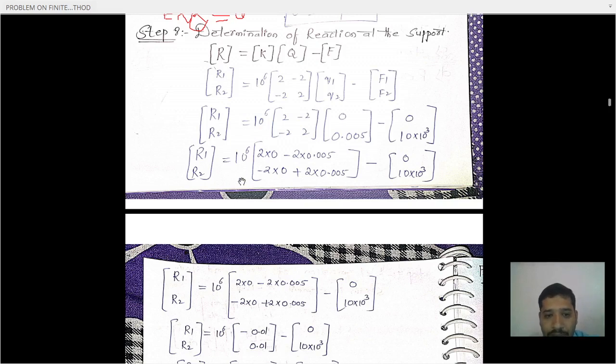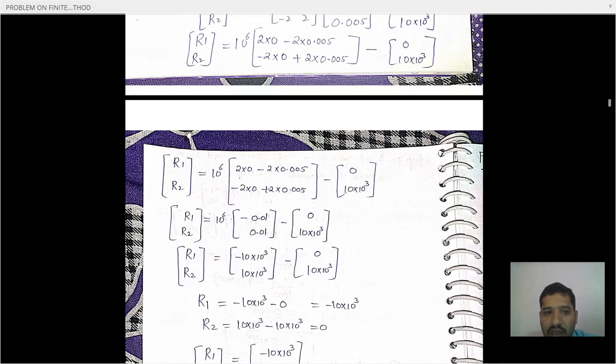After that, keep 10 power of 6 as it is and multiply the terms. This row into this column, this row into this column: 2 into 0 minus 2 into 0.05, and again minus 2 into 0 plus 2 into 0.05, minus the force vector 0 and 10 into 10 power of 3.